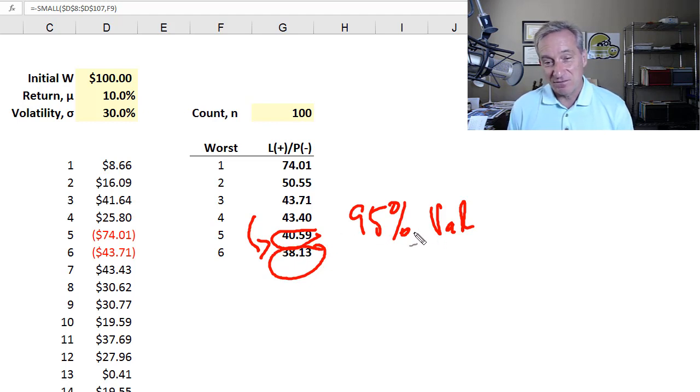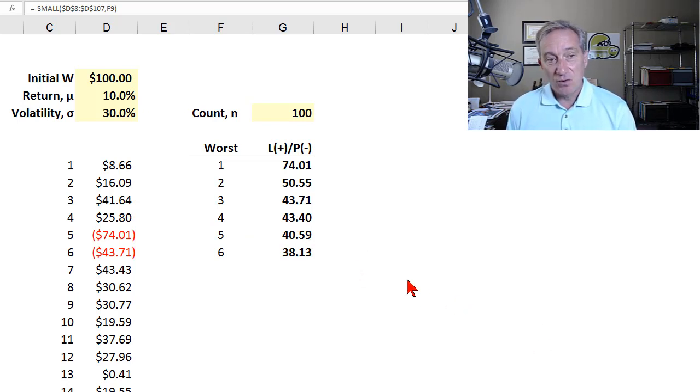So 95% VAR is ambiguous because in this case, where the count is 100, acceptable answers include the fifth worst, by the way, consistent with Philippe Jorion, the sixth worst, which is our default answer in the FRM, and an interpolation, which is a sophisticated way to approach it.